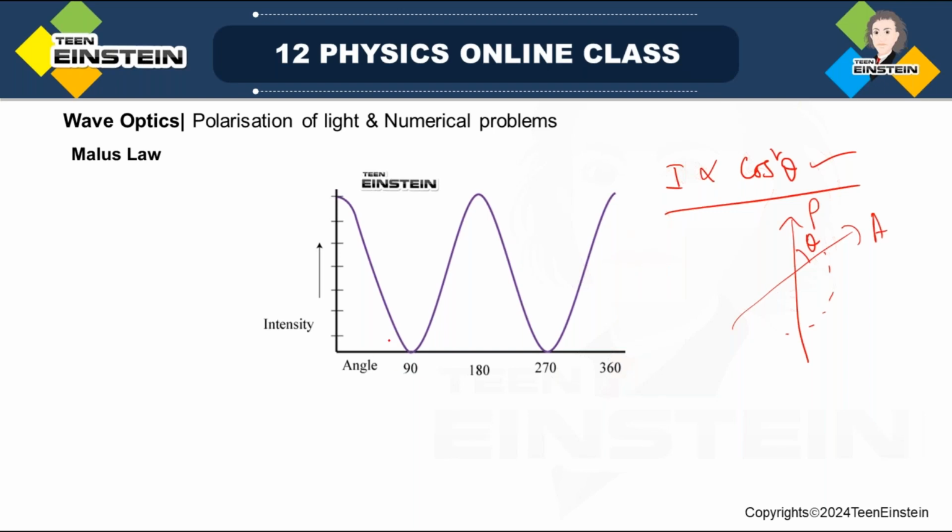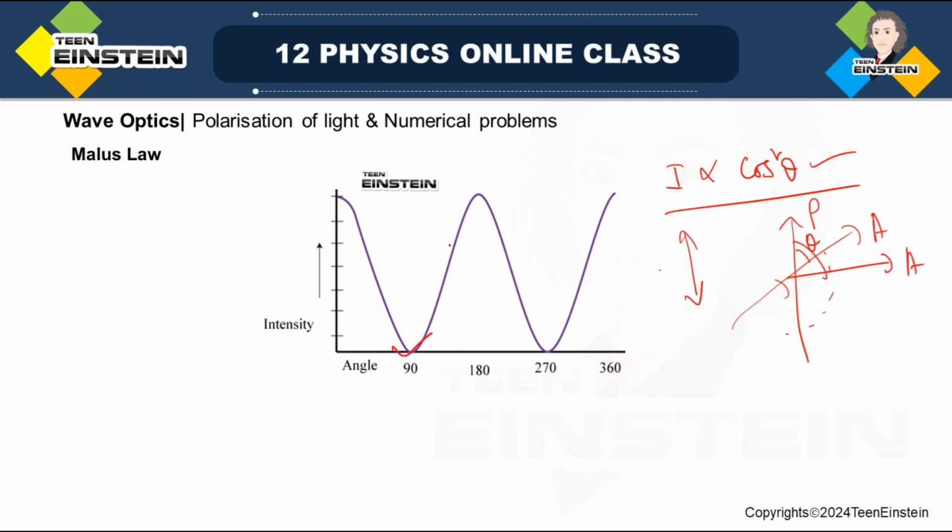Now look at this graph. At theta equal to 90 degree, if the analyzer becomes like this, then the intensity will be 0, because the polarizer has its pass axis like this, so the light will oscillate like this, and there will be no light oscillating in the direction perpendicular to this. So at 90 degree we see 0.